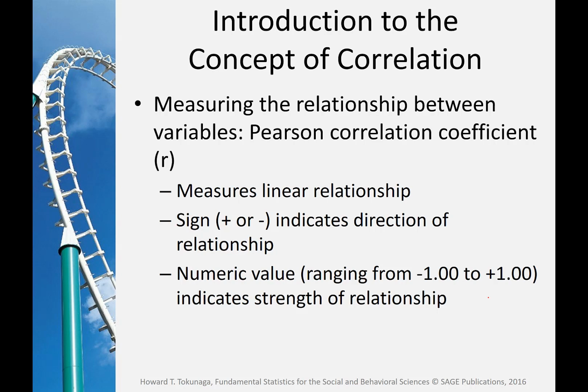The degree to which they move together depends upon the nature of the relationship. So how could I weaken the correlation between X and Y? How could I weaken the correlation between my right hand and my left hand? Anybody? How can I weaken this correlation?